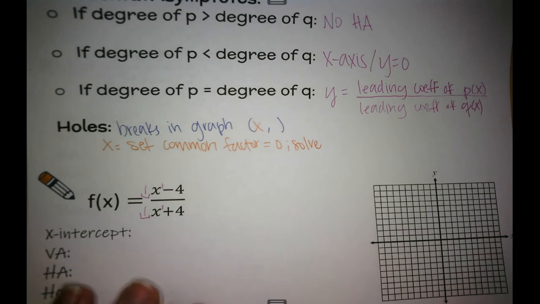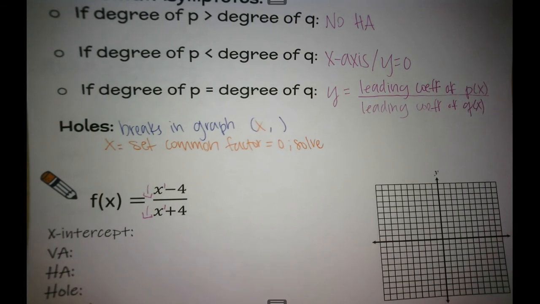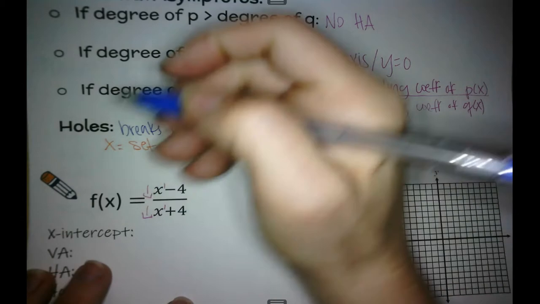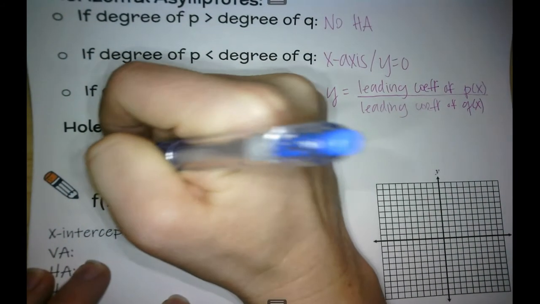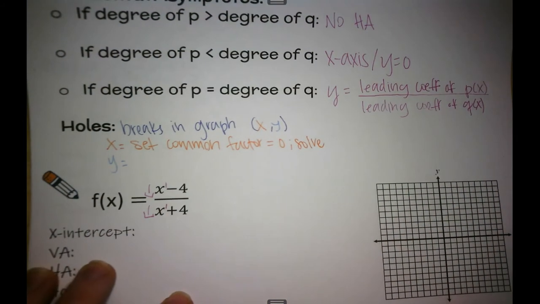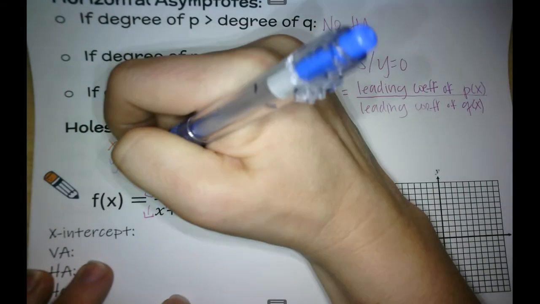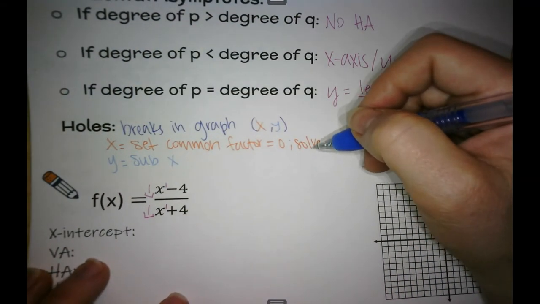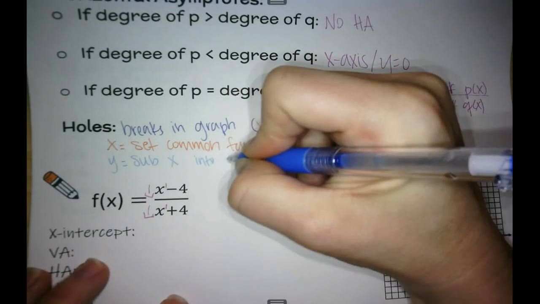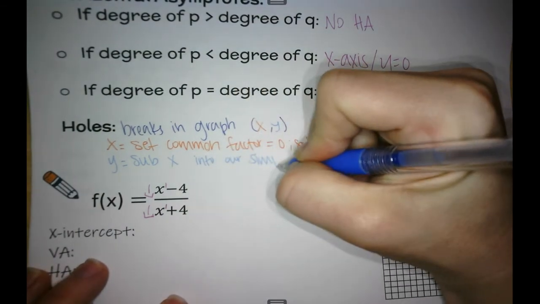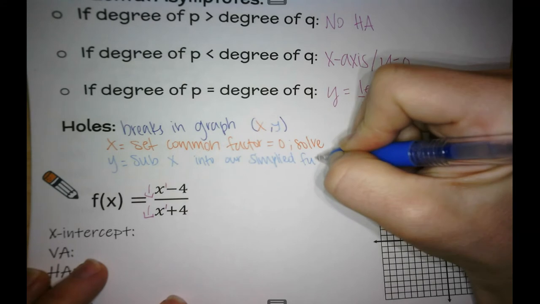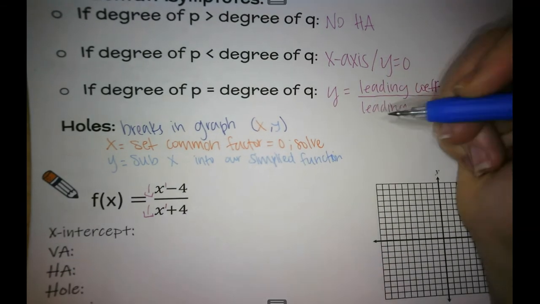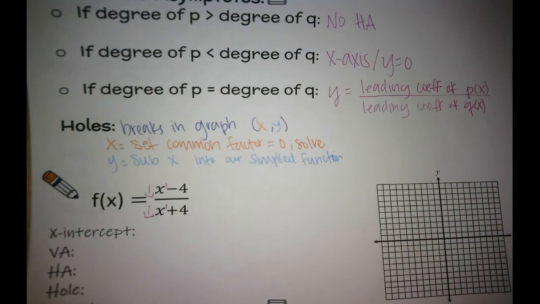Okay, so we'll look at an example with a hole. But this is just how to do it real quick so we can refer back to it. To find our y, we're going to sub the x we found into our simplified function. Again, I'll show you this in an example in just a minute.